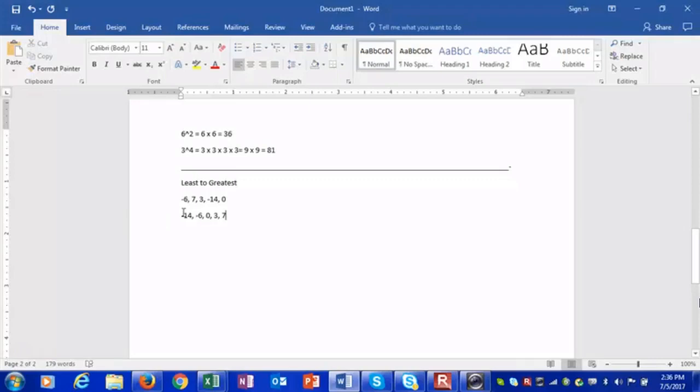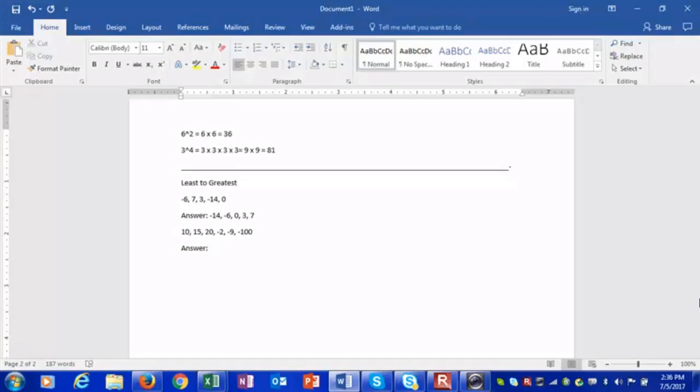Okay? And we'll just go ahead and mark it here as answer. Okay, let's do another one. 10, 15, 20, negative 2, negative 9, negative 100. Now, how would this be answered?